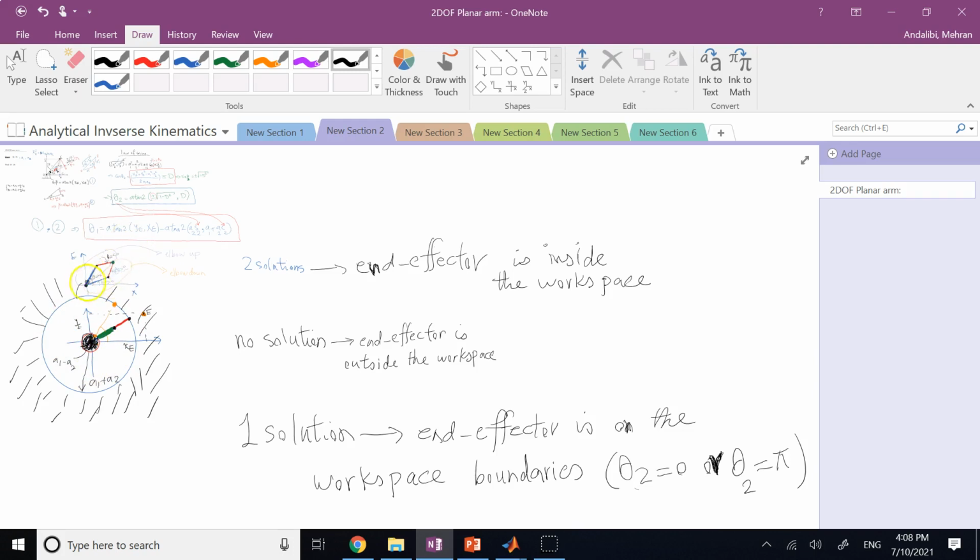This robot does not have what? Dexterity. Unless you add a third joint here and make it like a 3-degree of freedom, then you can access arbitrary angle. But in this case, and if we have time, I'll talk about the 3-degree of freedom planar arm as well. The solution of that is a little bit more geometrically involved, but the 2DOF does not have any dexterity.